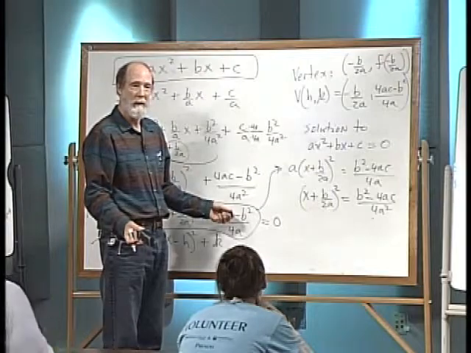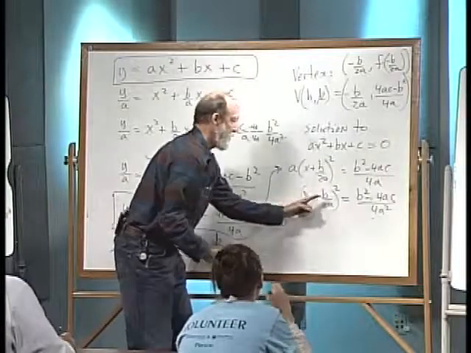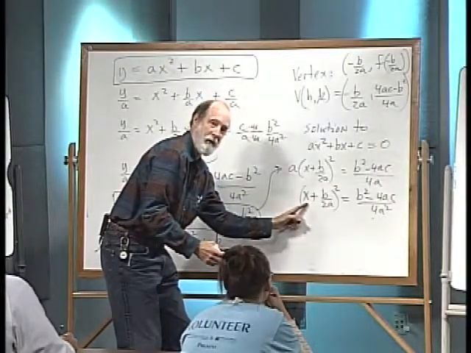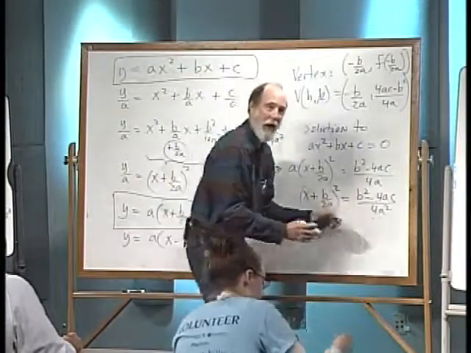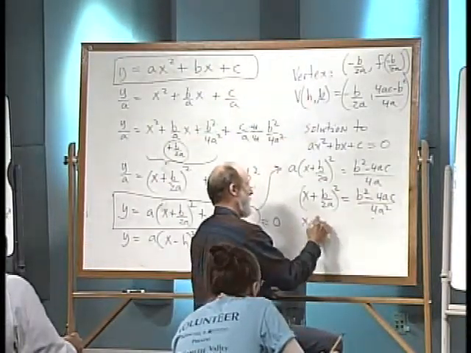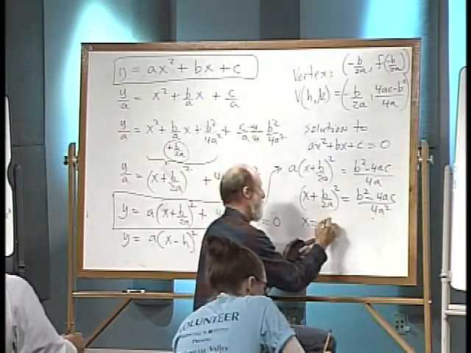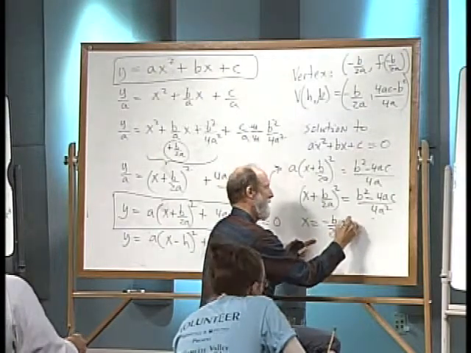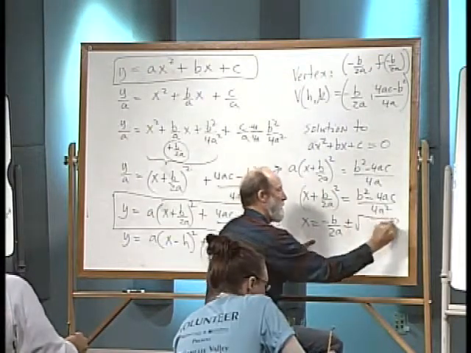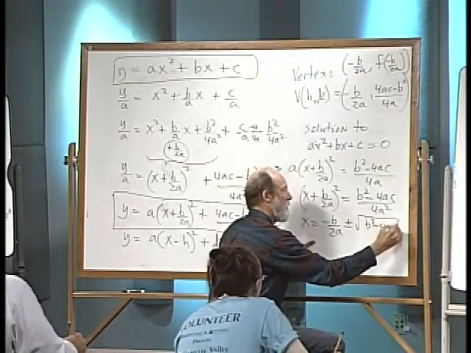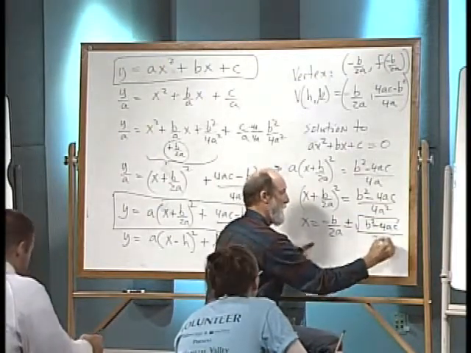Next step is square root both sides to release the unknown in here, and make sure you put plus or minus on this mess on the right, on the radical. So we get, and I move the minus b over 2a to the other side in the interest of time and space, the right side becomes plus or minus the square root of b squared minus 4ac, and the square root of 4a squared is 2a.